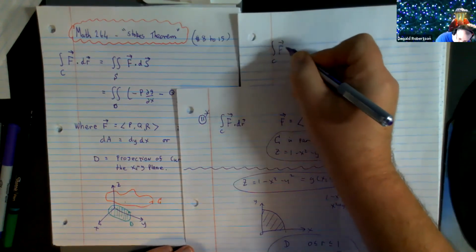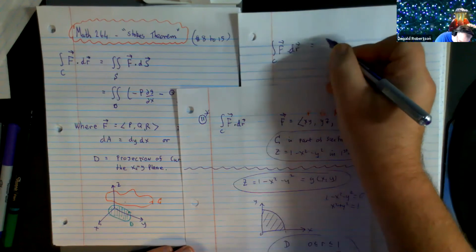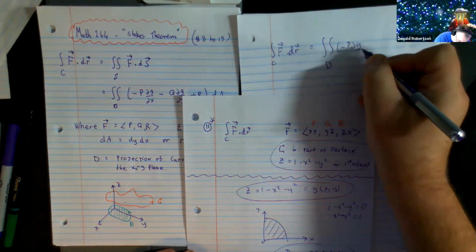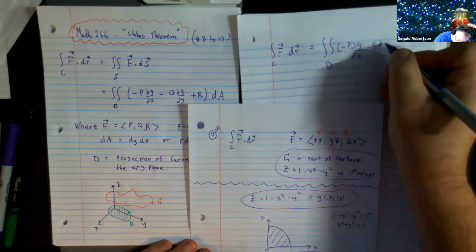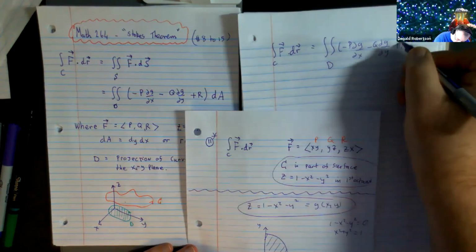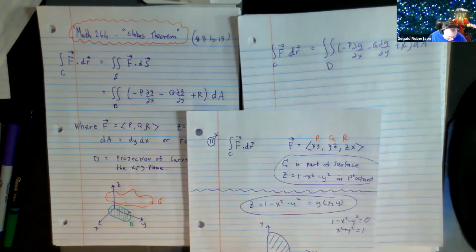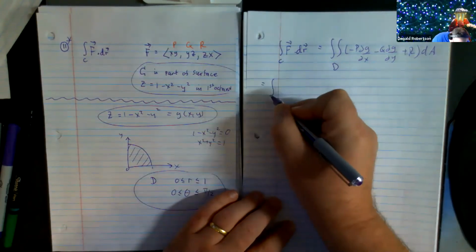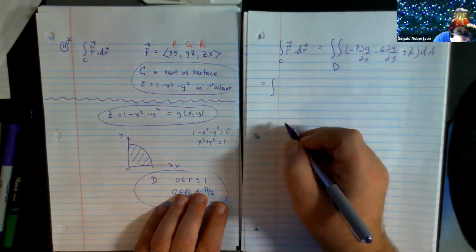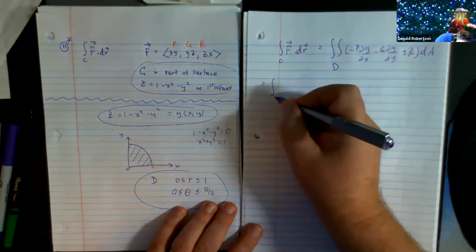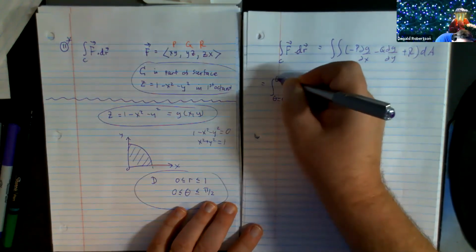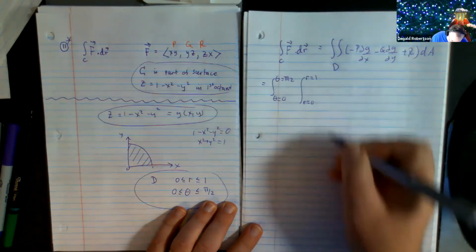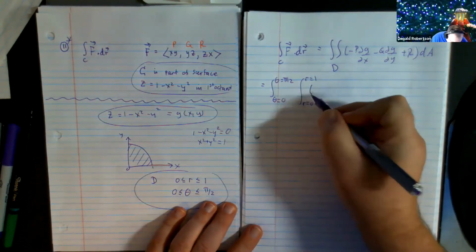So the line integral that we're being asked to find is going to be the double integral of this guy. Okay, so here's all the pieces I need. Let's see what they look like. Shouldn't really matter, so I'm going to do theta equals 0 to pi upon 2, r equals 0 to 1, bracket.